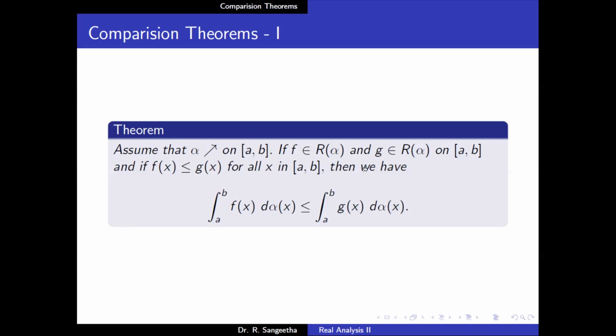Then we can prove that the corresponding integral a to b f d alpha is also less than or equal to integral a to b g d alpha. This is the statement, and this theorem is an important 5-mark question. Let us see the proof.